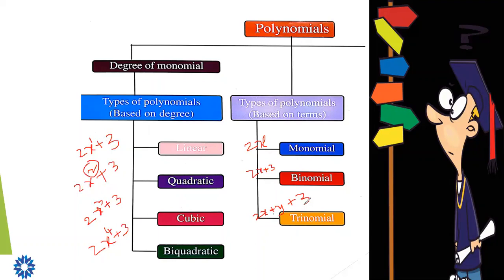You have to remember, already in 7th grade we know monomial, binomial, trinomial. Now get clarity that monomials are also polynomials, binomials, trinomials, linear polynomial, quadratic polynomial, cubic polynomial, biquadratic polynomial. Polynomial means an algebraic expression where the power is positive. That means all are polynomials.